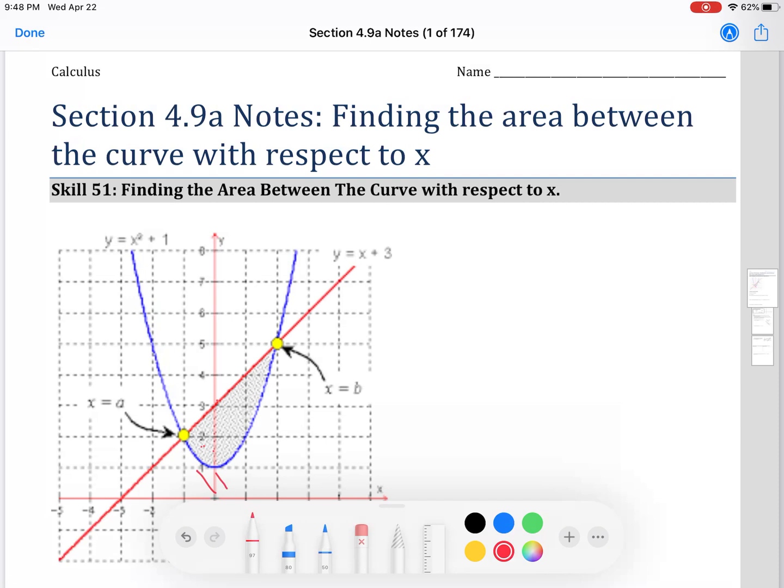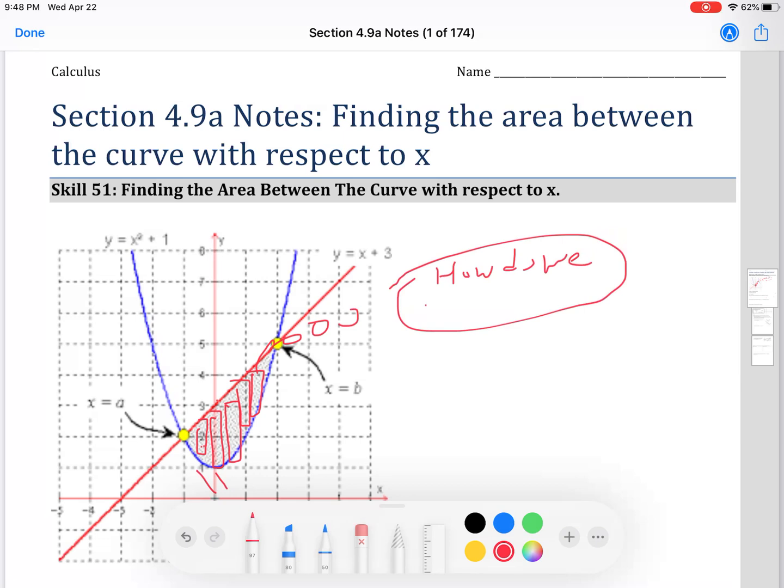So the question is, how do we compute the shaded area? One idea is that we could draw geometric shapes, like those rectangles. But the question becomes, how do we avoid all these rectangles?